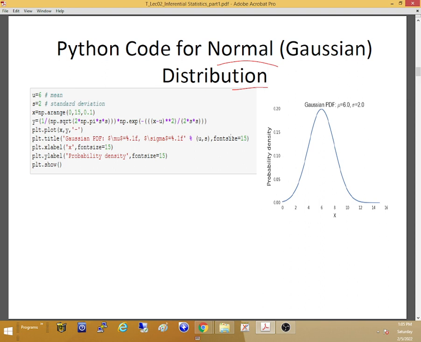The x label is defined with font size 15, and the y label is probability density, also with font size 15. Then we show the plot.